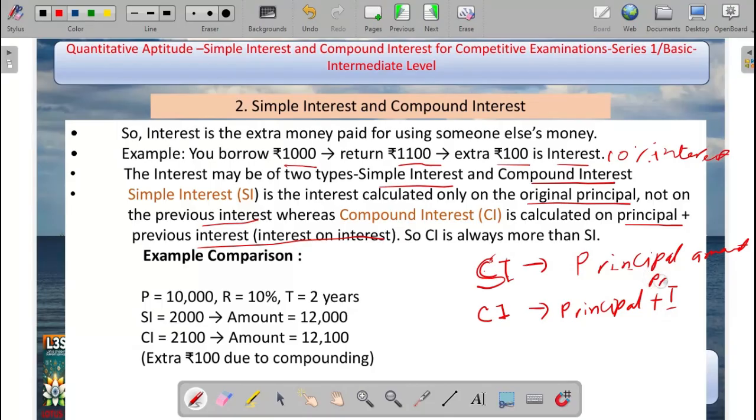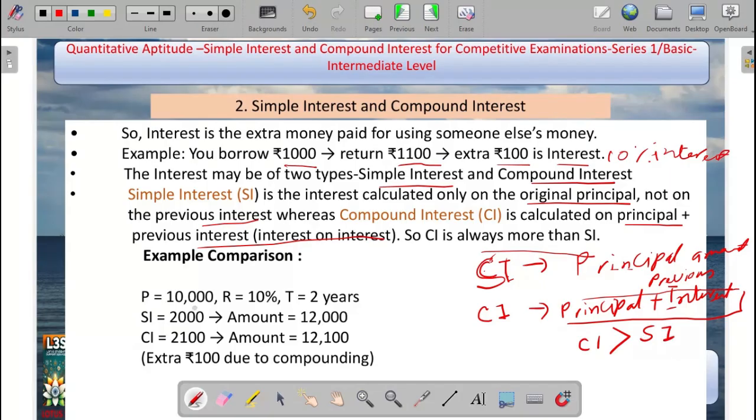This is the additional amount calculated in CI. So CI will always be more than SI.